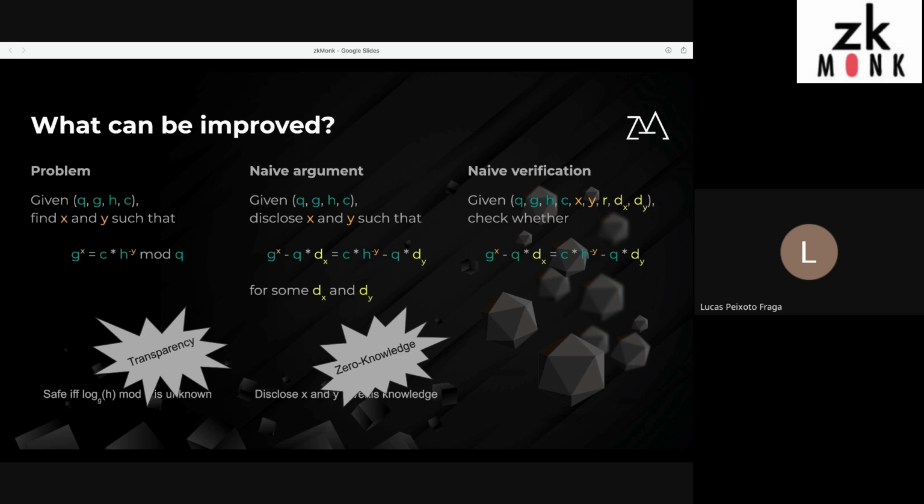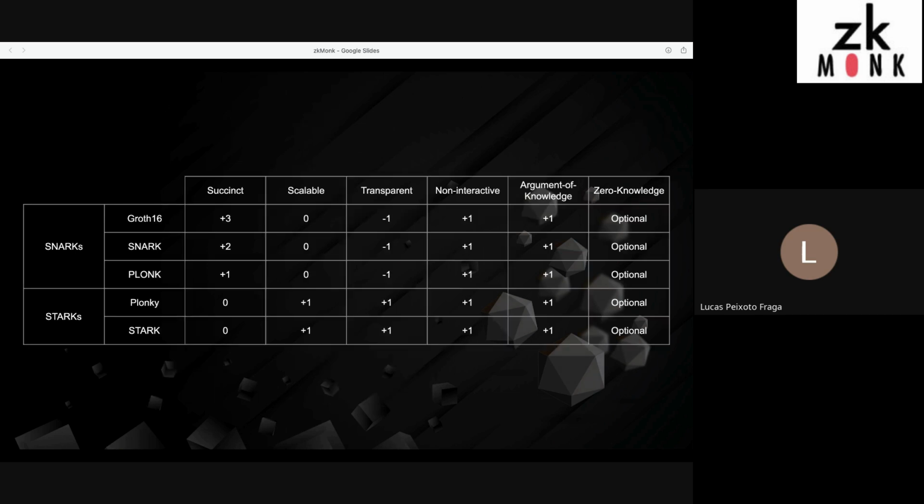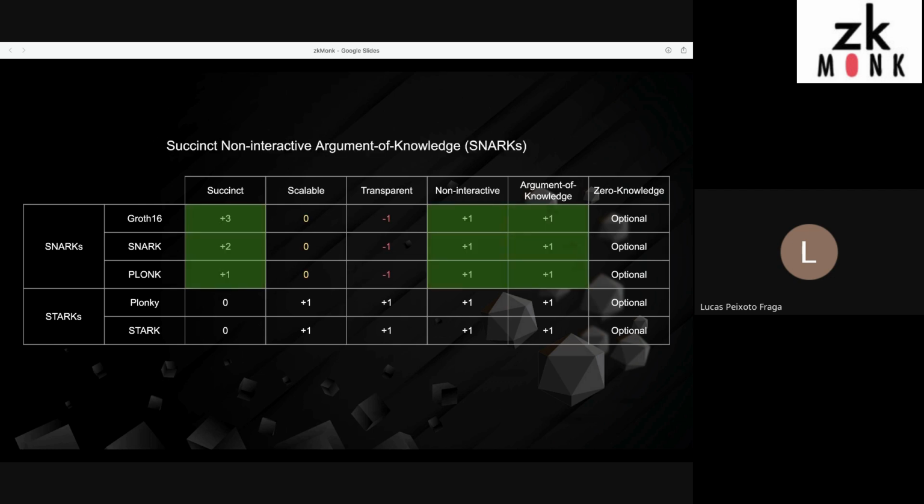Okay, so now that I defined these three properties, succinctness, transparency, and zero knowledge, we can compare SNARKs and STARKs. And basically, SNARKs are arguments of knowledge that are succinct and non-interactive. Arguments of knowledge because we are not proving the knowledge of something, we are just arguing about it.